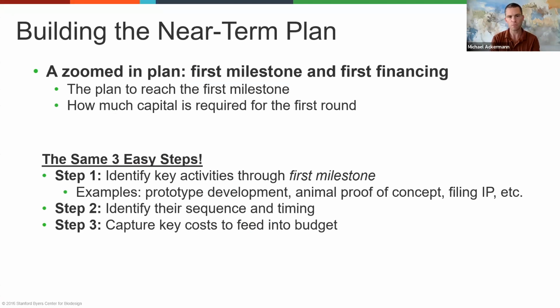It's about the nuance of how you're going to get that done so that you make sure you're raising the right amount of money, you've identified all of the key resources, people, et cetera, and then do the same thing: you identify the sequence and timing, and what we'll talk about next is how you can feed these things. Once you have the plan, the budget can come directly from that.